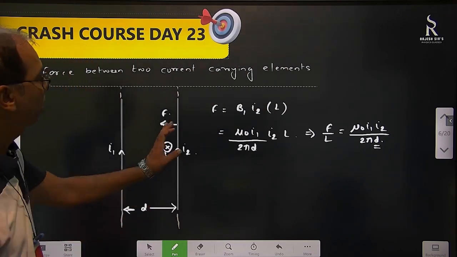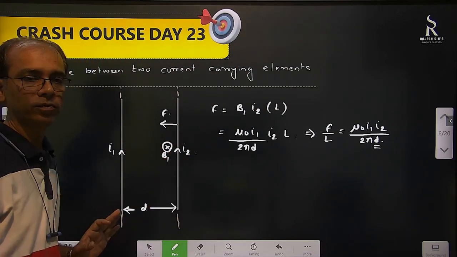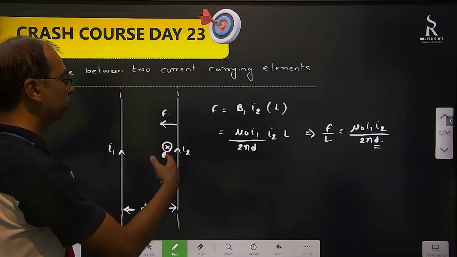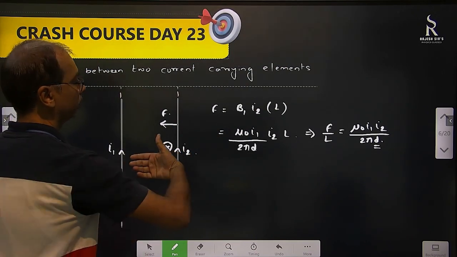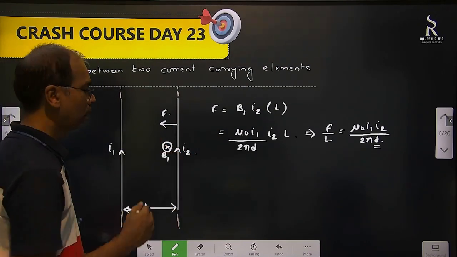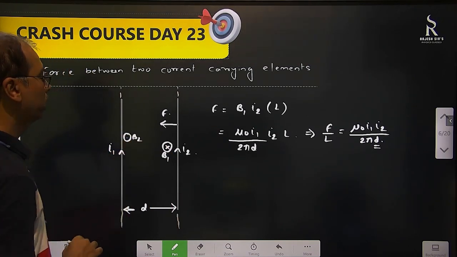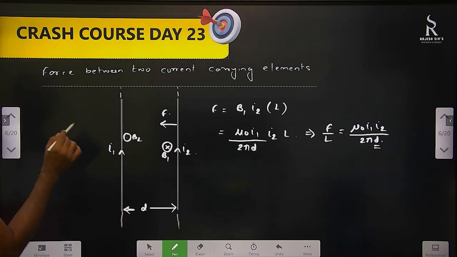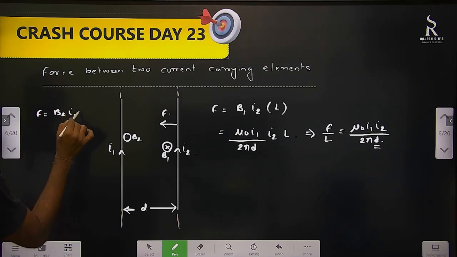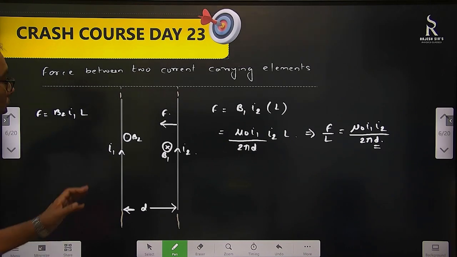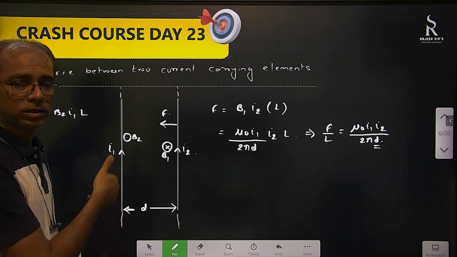Exactly the same way, this wire is going to apply force on this one. Because of this wire, here, where is the magnetic field? Outside. Outside magnetic field. This is B2. So force on this segment will be B2 I1 into its length. Now which direction is the force? I is upwards again.